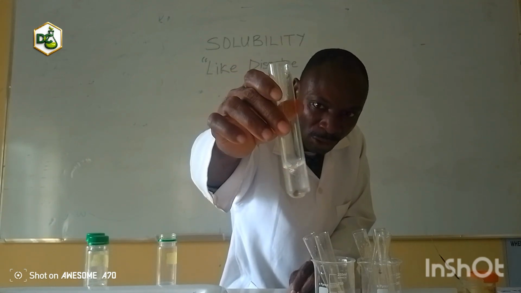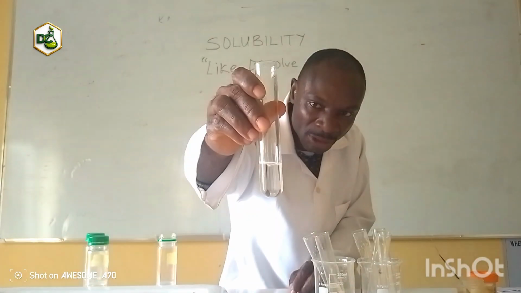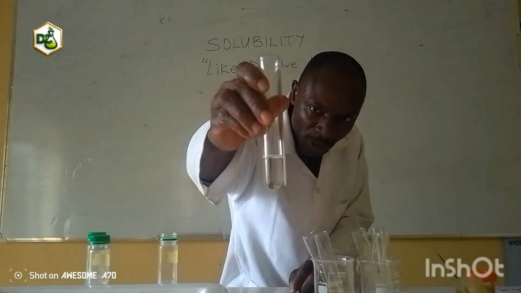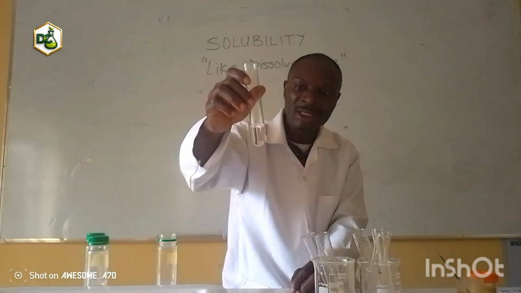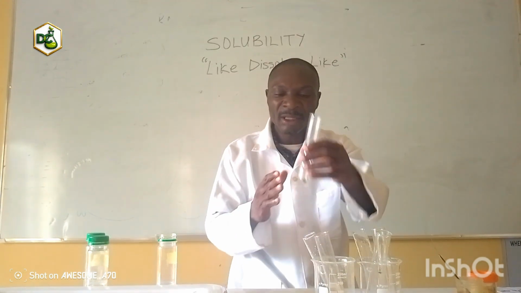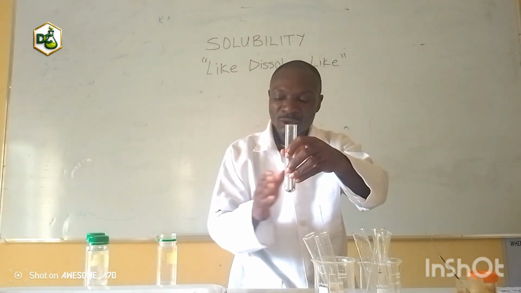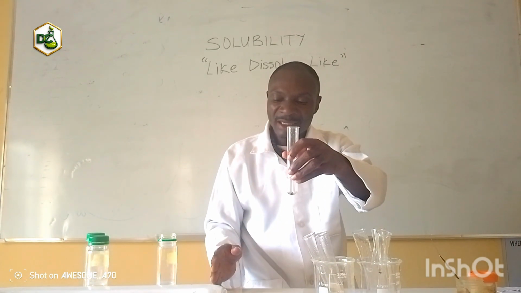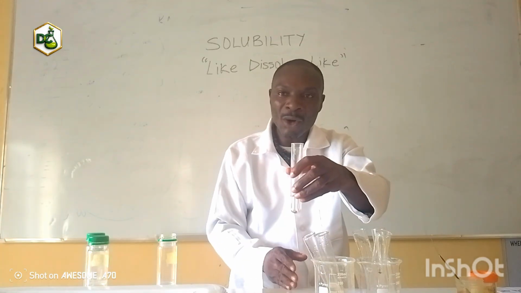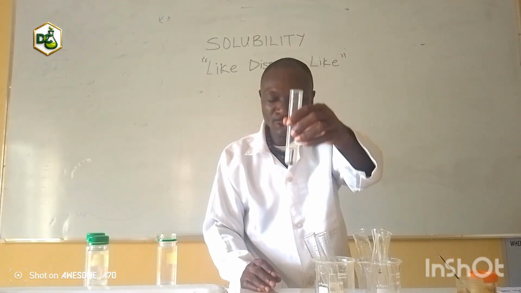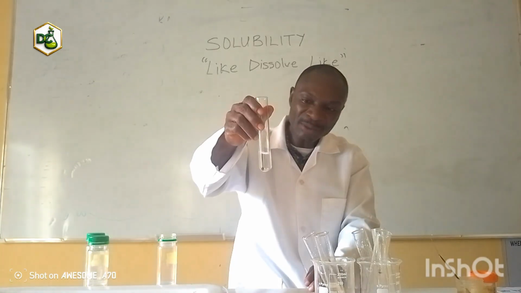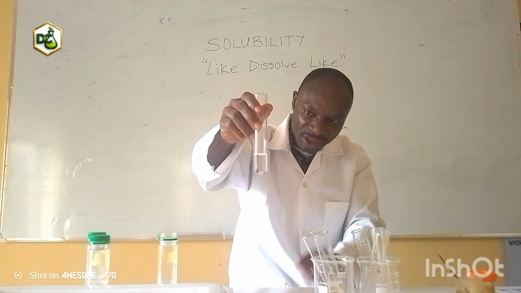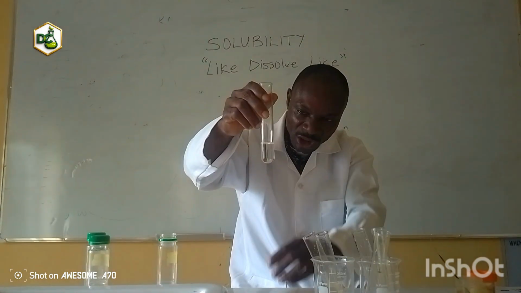This is what we call liquid-liquid interaction miscible. It forms a clear solution. Now you compare the clarity of the solution before and after mixture. If it forms a clear solution, it means you see it is very transparent.